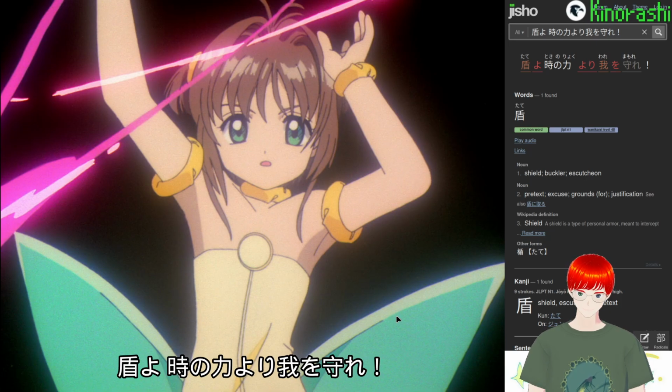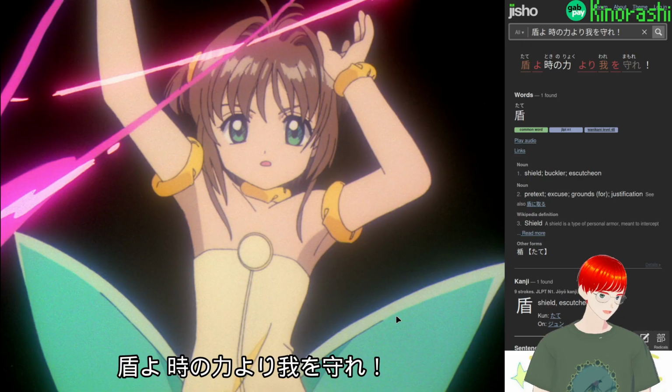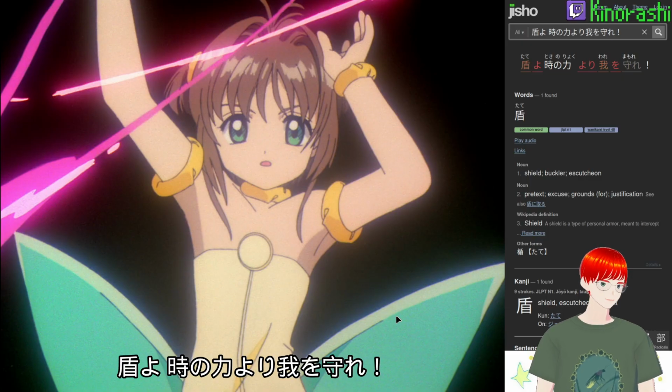Okay, so more than entity A, do verb. Interpretation: this sentence literally translates to, "Oh shield, protect me more than the power of time."